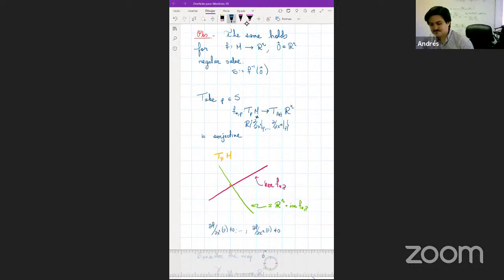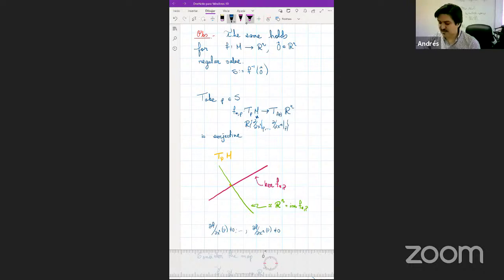This. And I'm assuming that that map is surjective. So I have at least n vectors such that the map is non-zero.